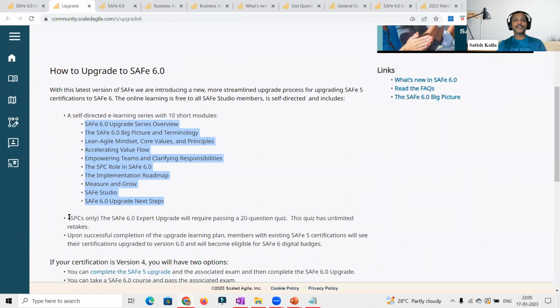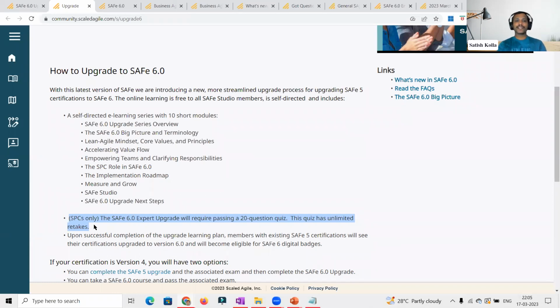And if you are an SPC, you are expected to go through an expert upgrade quiz. As per this, I'm assuming the quiz is not required for non-SPCs like SAFe Agilist, SAFe Scrum Master, or any of the other certification holders. We haven't heard from anyone having other certifications, but we will provide any additional information.